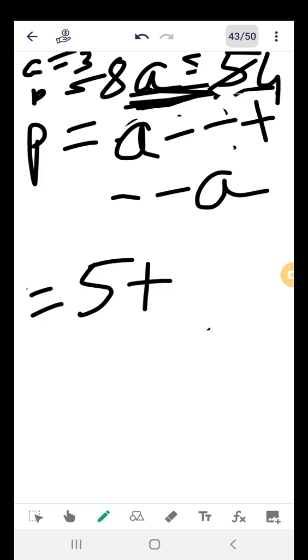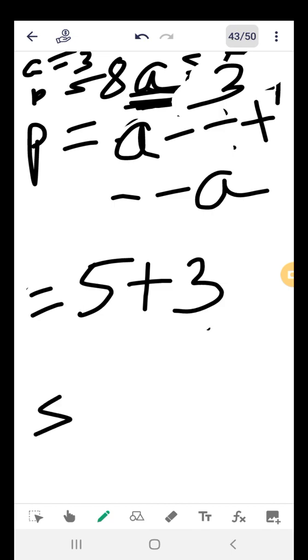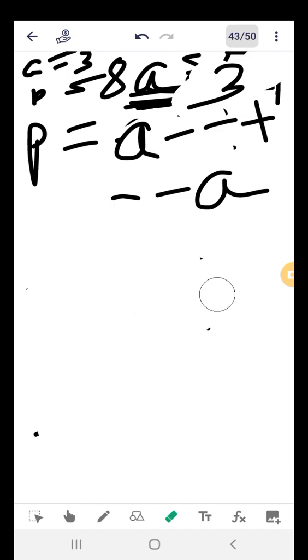So first it will become 3, then it will be used. Now the value is 8. This time also the value is 8.